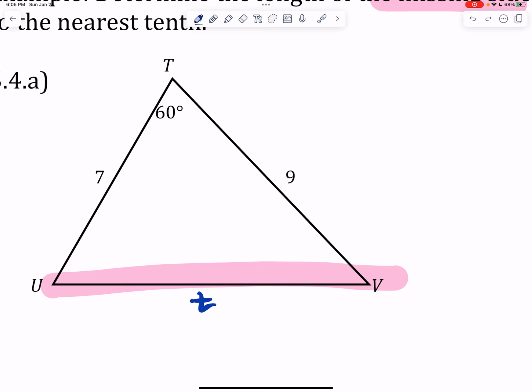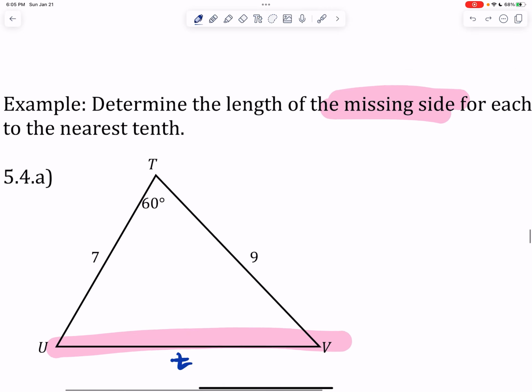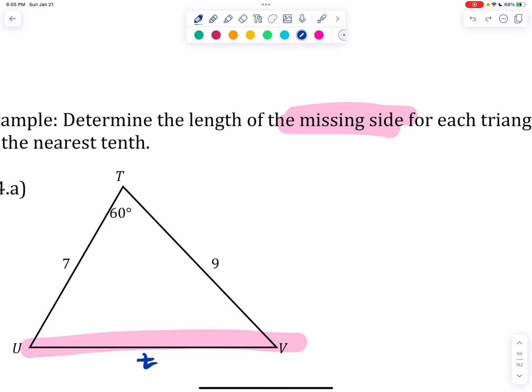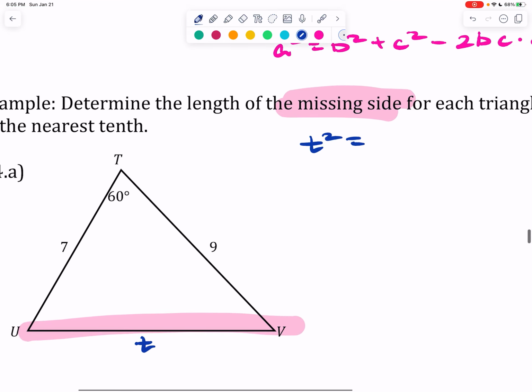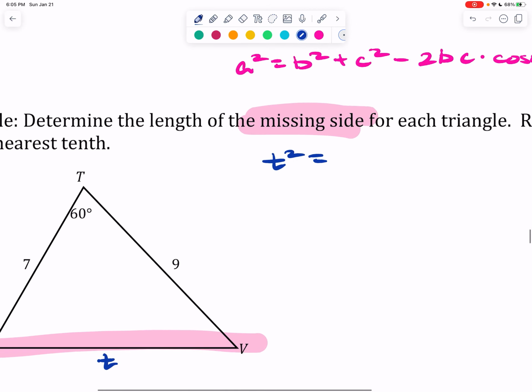So instead of the cosine law as it's written in our heads as a squared equals b squared plus c squared minus 2bc times cos a, we're going to rewrite that as t squared equals the sum of the squares of the other two sides.